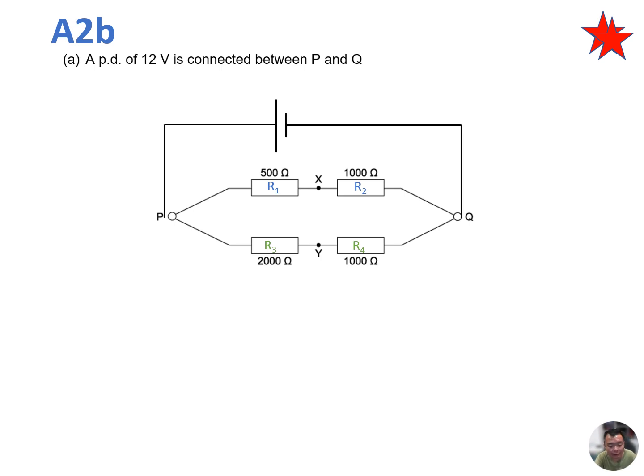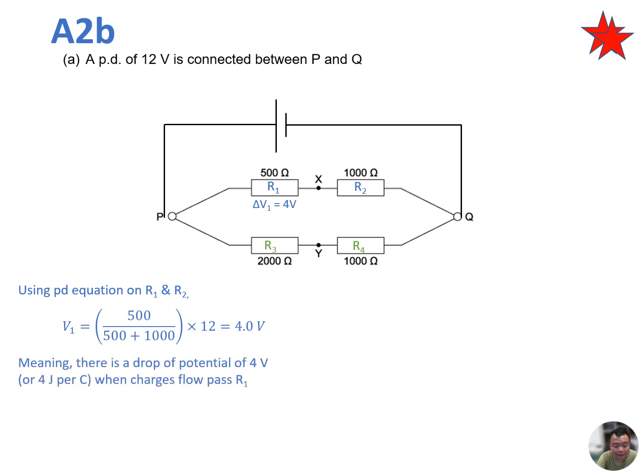They are connected to a power source of 12 volts. So we'll look at R1 and R2, and we'll apply the PD equation to find the potential difference across R1. Putting in the resistance values, we get a voltage value of 4 volts.